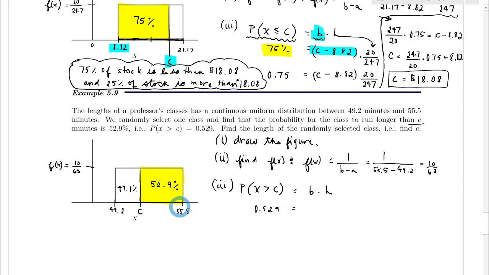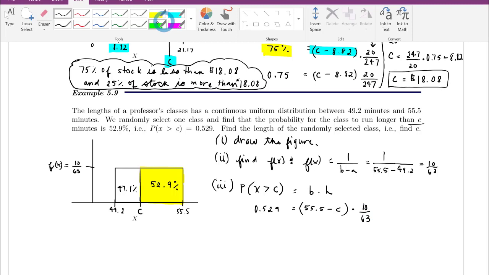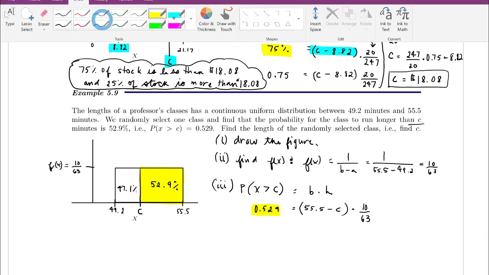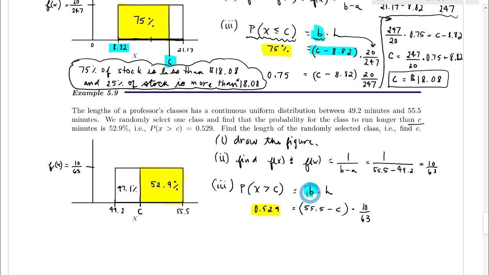The base is going to be equal to 55.5 minus c times the height, which is 10 over 63. So that yellow area is 0.529, which is the probability, and then here's the base. The height is always going to be f of x.